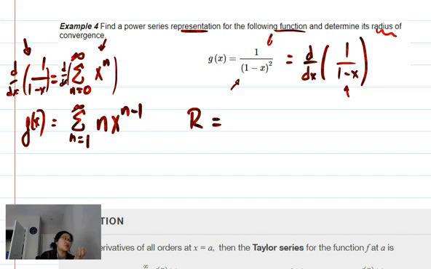So the radius of convergence is 1, because it's the same as what we had before, where our interval of convergence was from negative 1 to 1, so our radius of convergence was 1, and we were centered at 0, right? Because our center, whatever we're raising to the n power, is 0 when x equals 0.